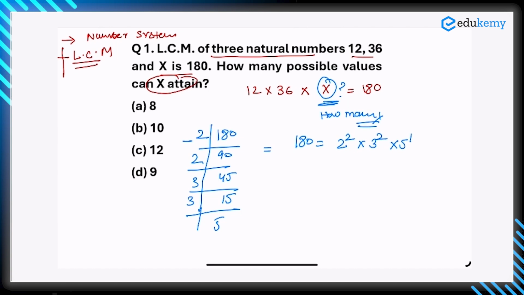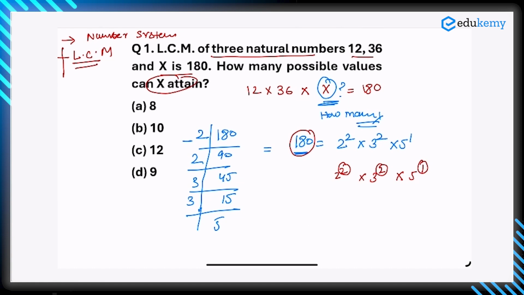The x factor of 180 should not have power of 2 more than 2, should not have power of 3 more than 2, and should not have power of 5 more than 1. That will be the factor of 180.